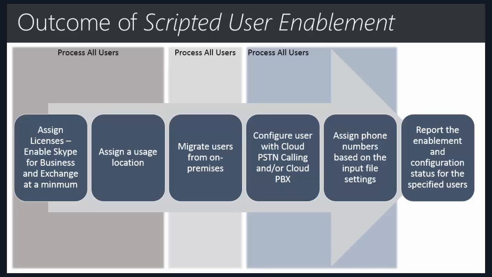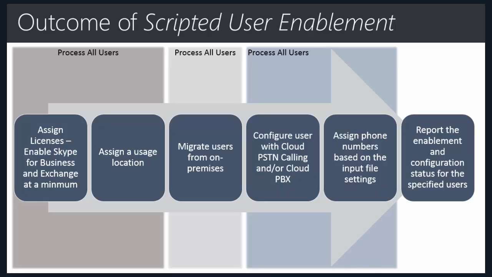So by assigning licenses, that starts the clock on making sure that those licenses are activated. I'll then move into the other phases of the script and validate that the licenses are activated before doing the assignment. The thought here is that hopefully by the time we wait for that first user to have the licenses activated, all the other users will be activated as well, and we can execute quicker.